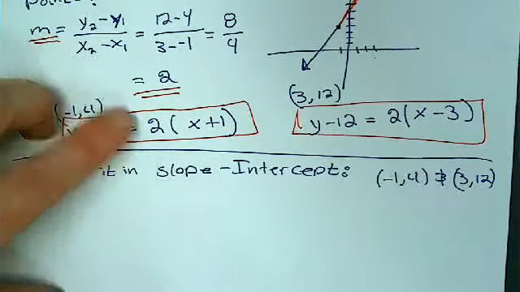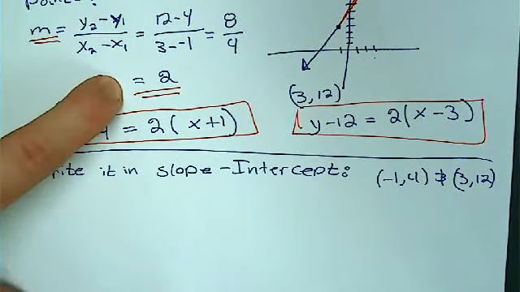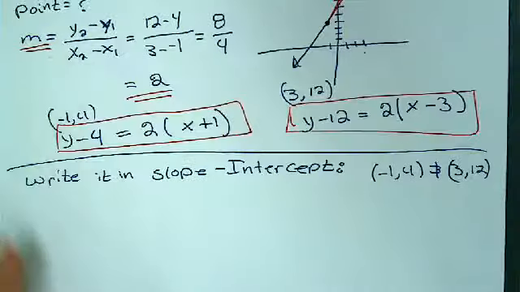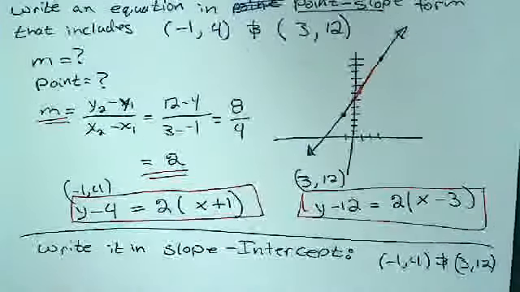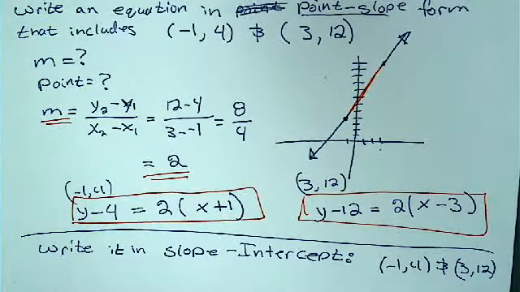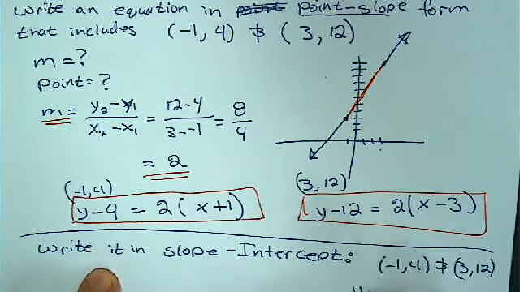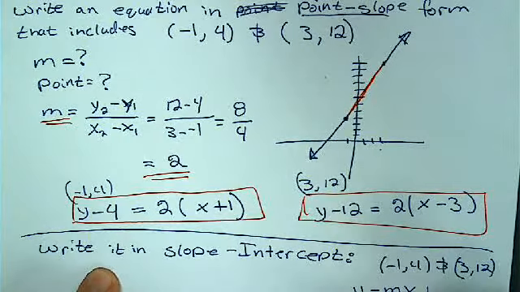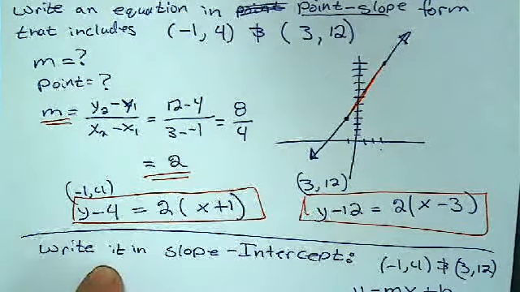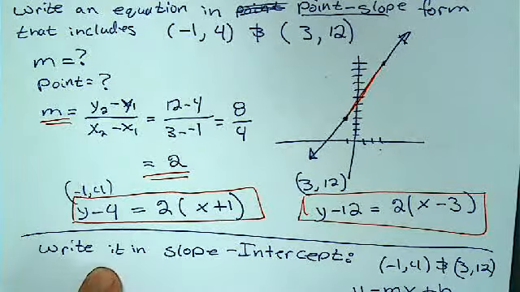The good news is the slope between them is still 2, right? So what do I need if I want to get something written in slope-intercept form? I've got m. What do I need? I need an intercept. I need b.